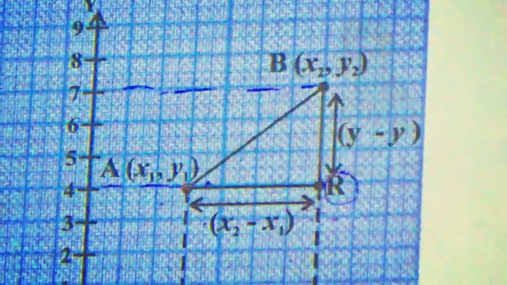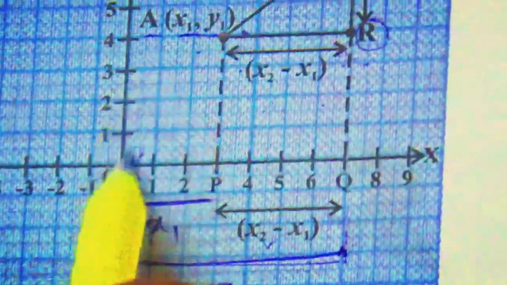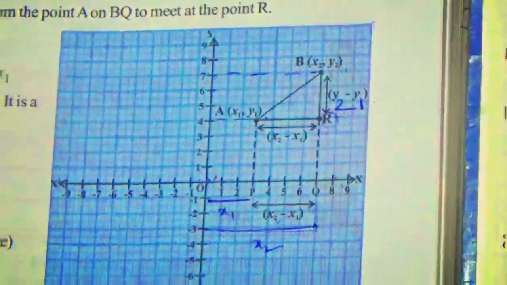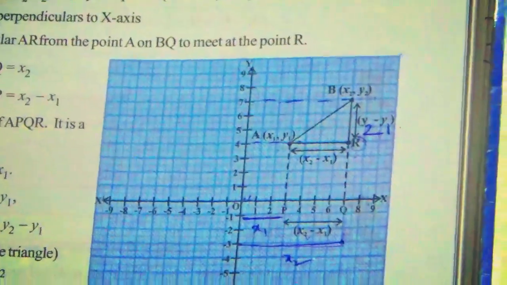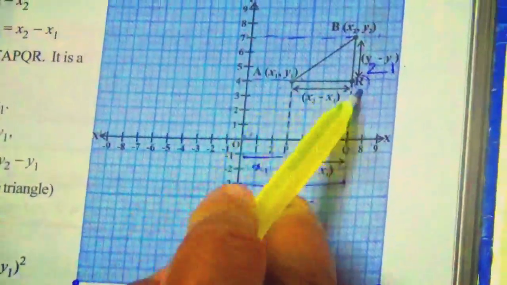Just like that, the point up to B is y2, and this is y1. Then what is the distance between these two? y2 minus y1. By Pythagoras theorem, AB square is equal to AR square plus BR square, just like here.